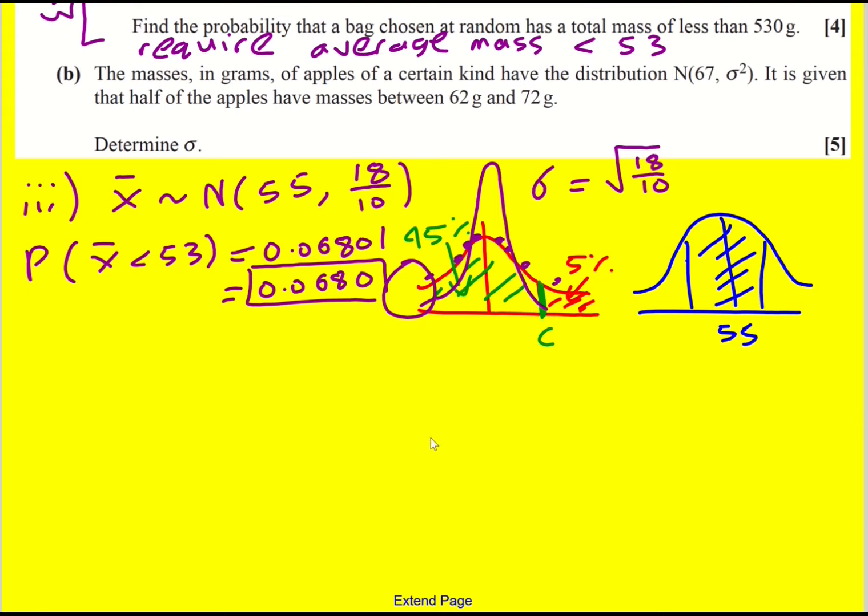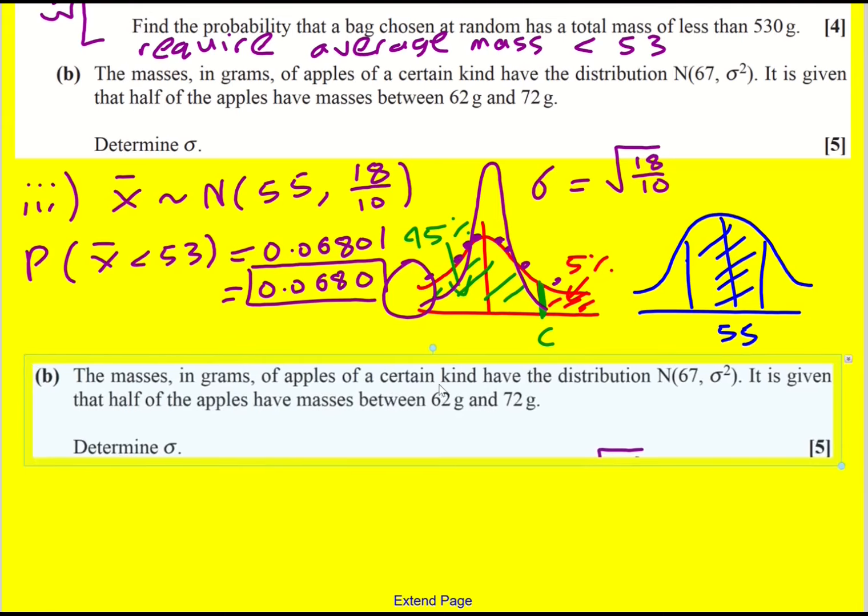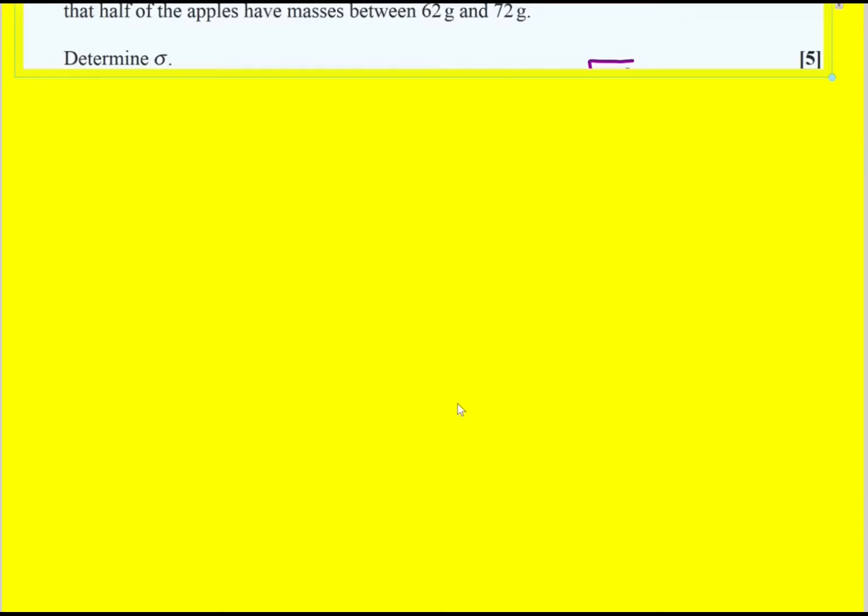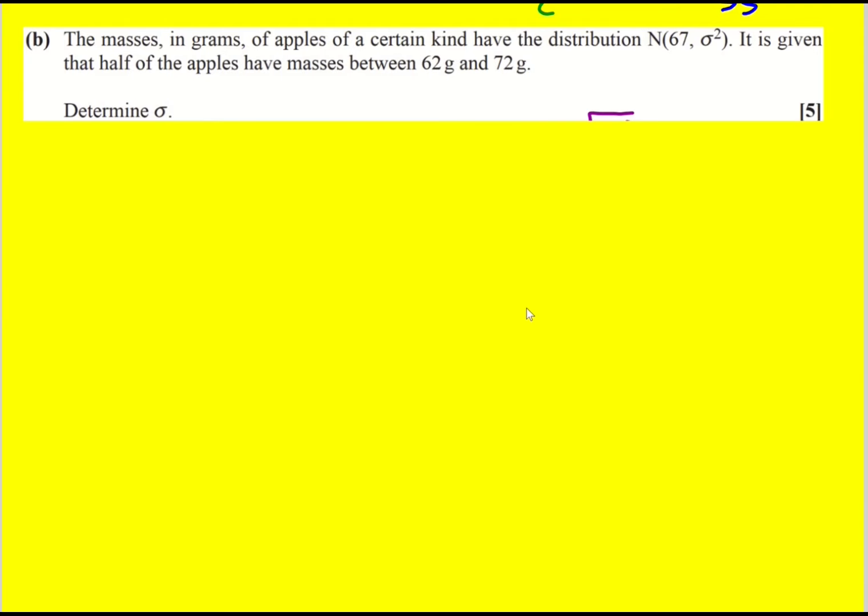Finally, we're told about a different distribution, the masses of apples. We know the mean, but we don't know the standard deviation. However, we do know that half of the apples have masses between 62 and 72. Let's sketch this out.